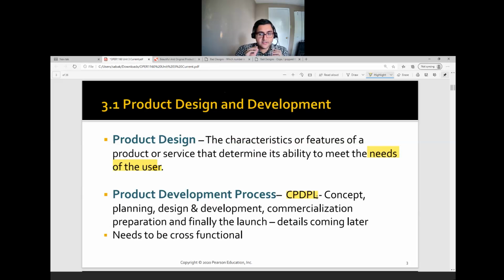So remember this acronym, CPDPL. So C stands for the concept planning, concept. P stands for the planning phase. D stands for the design and development phase. The next P stands for the commercial preparation, and L stands for the launch.